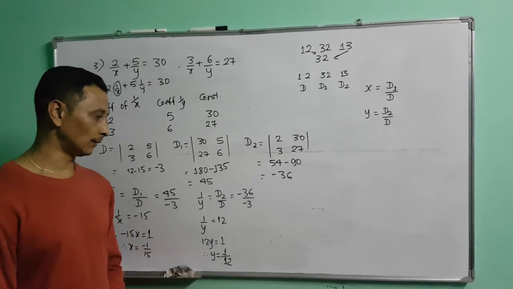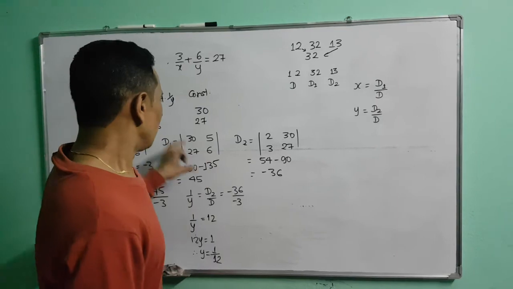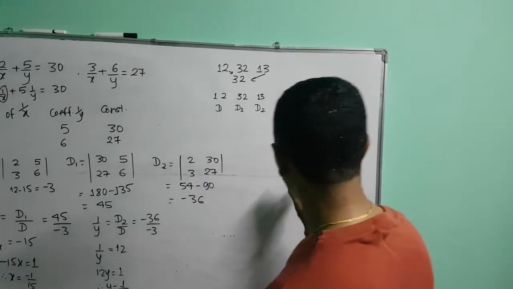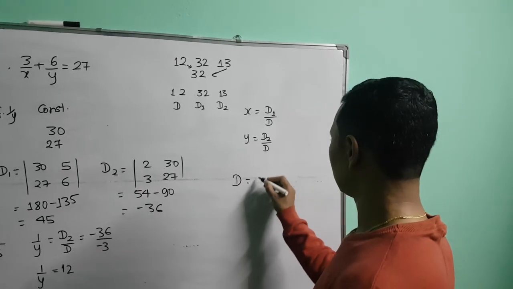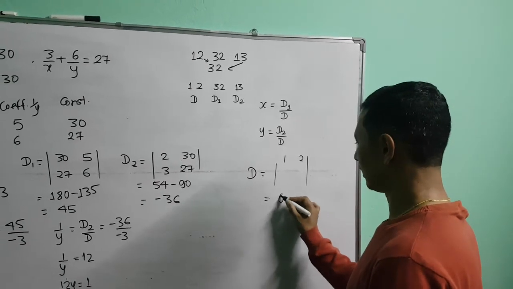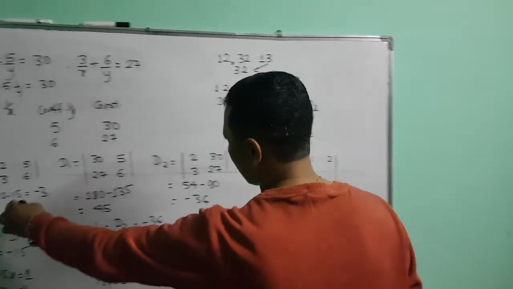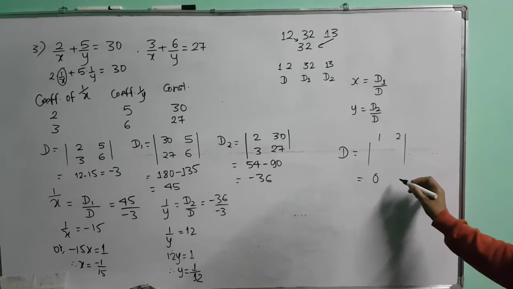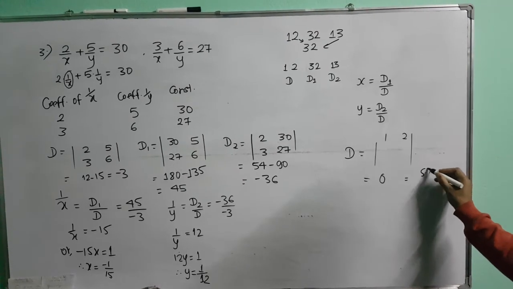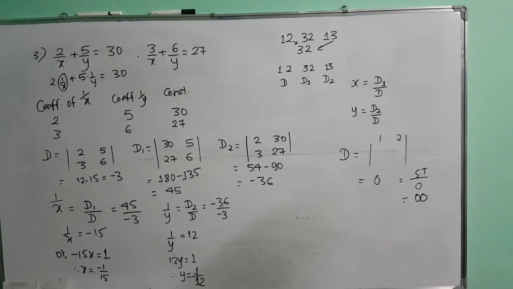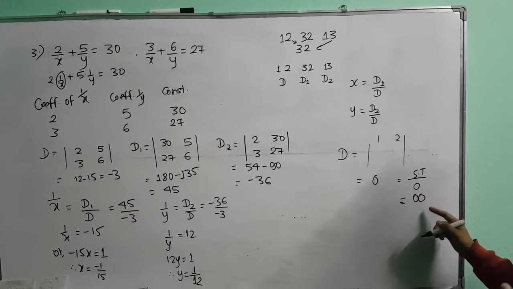Again, in this method, if the first determinant D, the determinant of the first column and second column, is 0, like we find x equals to D1 by D, if you divide something by 0, it gives an undetermined value, that is infinity.